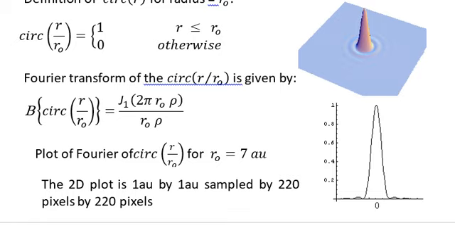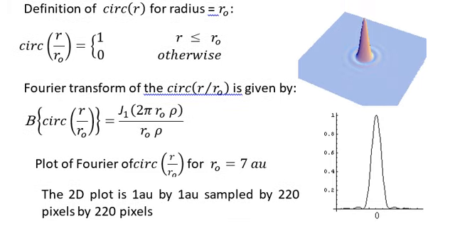Now what we are going to do next is plot this function, that is, we are going to plot the circ function. And here we are going to define circ of r over r naught. Before that we have been talking about the circ of r only, which means that r naught was equal to 1 there.